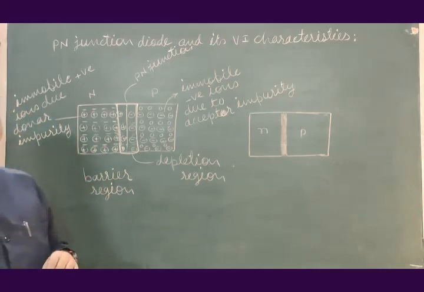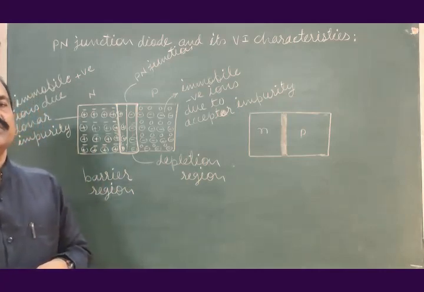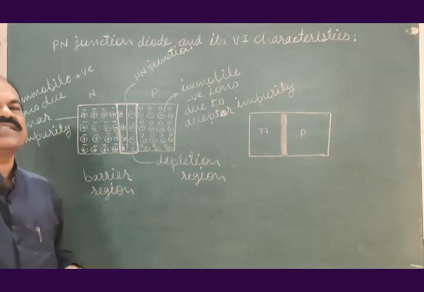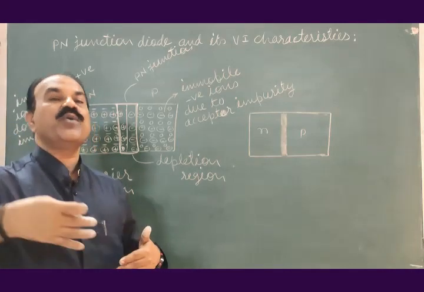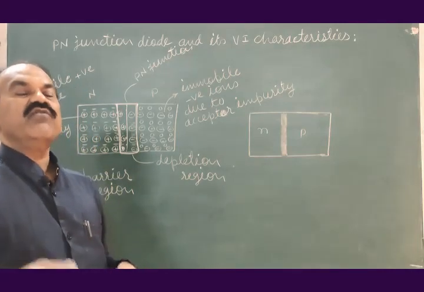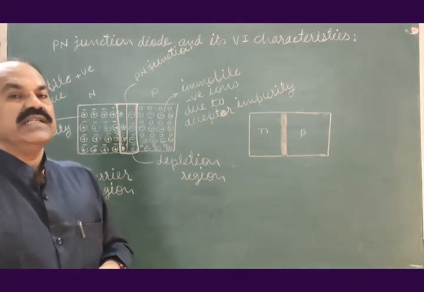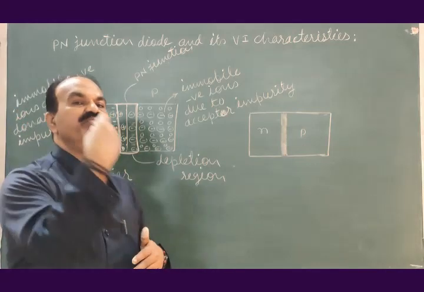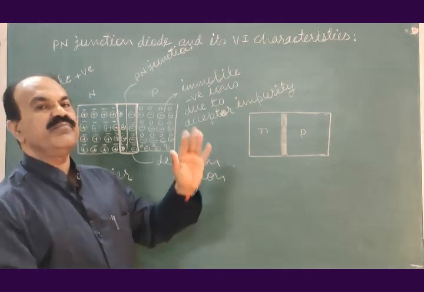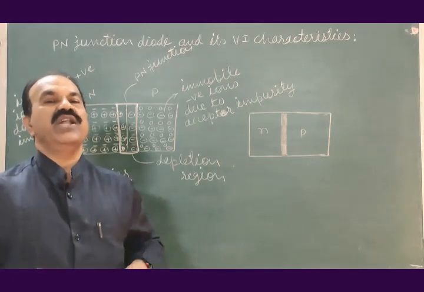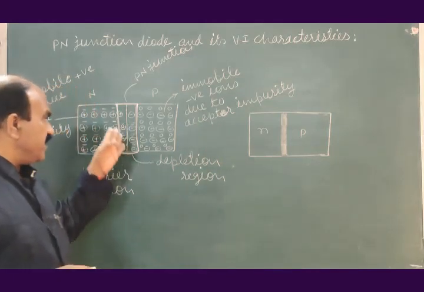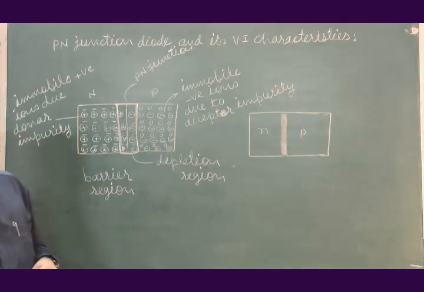It is called that because this region acts as a barrier, an obstacle for further movement of electrons from n side to p side and holes from p side to n side.